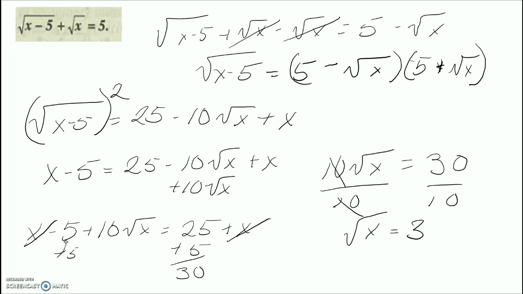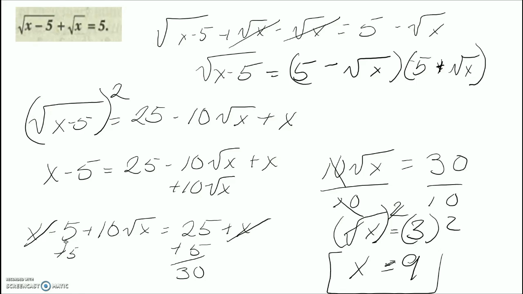Now I know that if I square both of these, again this and this cancel out, leaving me with x equals 3 squared. 3 squared is 9, and there's my answer. Now I can check this by plugging it into my equation again. The square root of x minus 5 plus the square root of x equals 5.